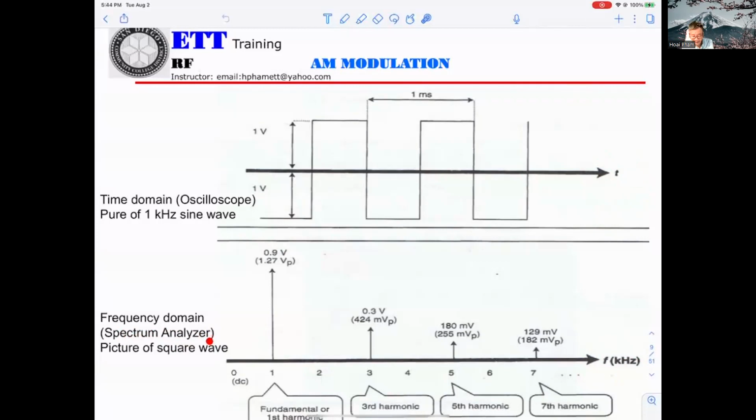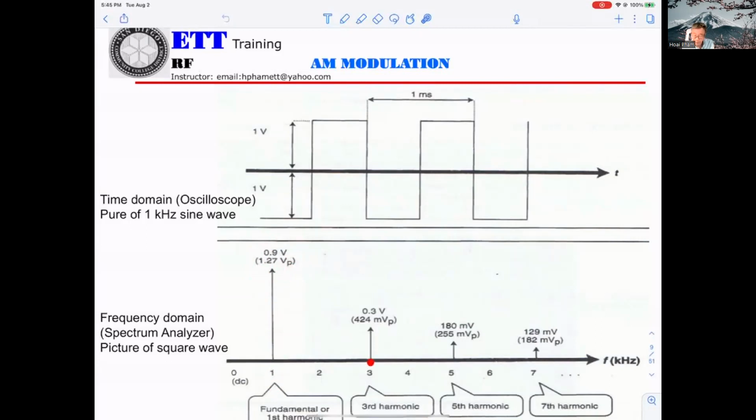Okay, and you cannot see the square wave anymore, but you can see the first fundamental, the first harmonic. They're telling you what the value is. That means at the one frequency, 1K, the value will be 1.27 V peak.